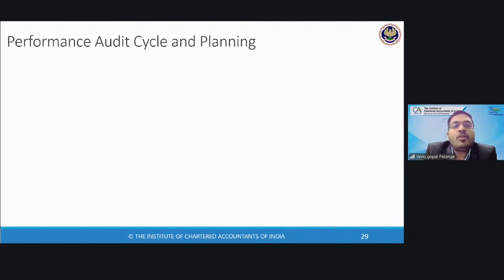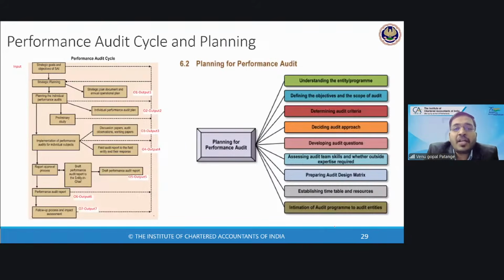So you have now performance audit cycle and planning. So we need to refer to ICAI material for this, but I took these snapshots from ICAI material. So you need to understand what is the performance audit cycle, and then you need to go to performance audit. So where is this performance audit plan?